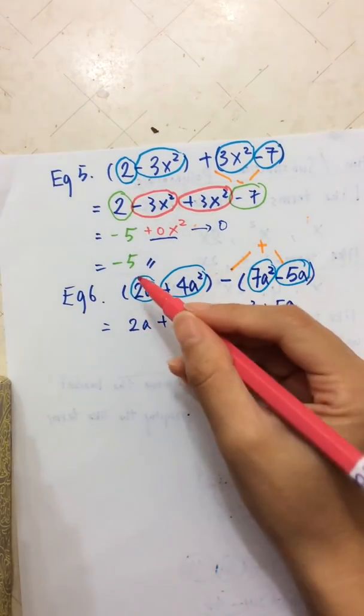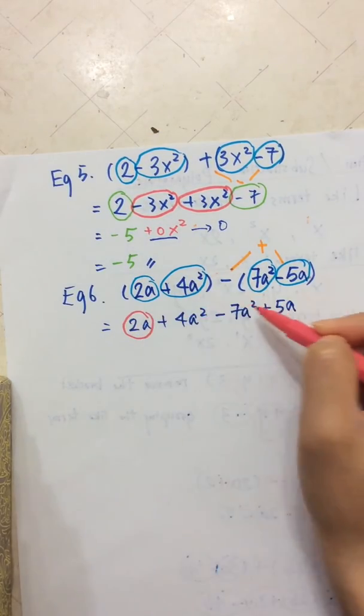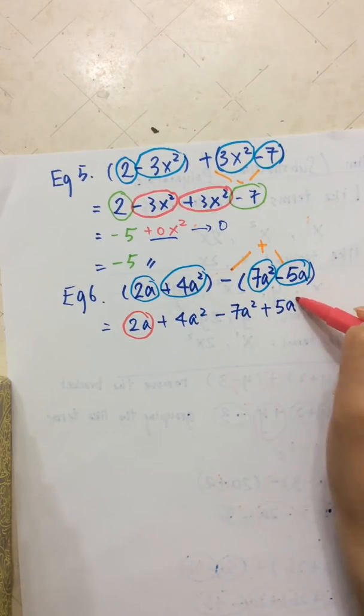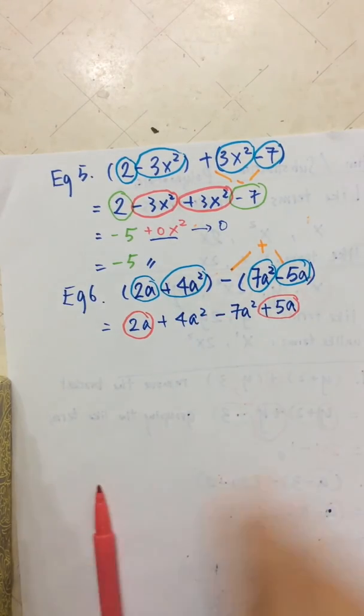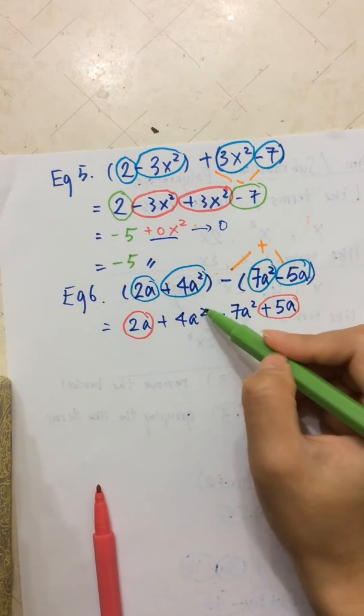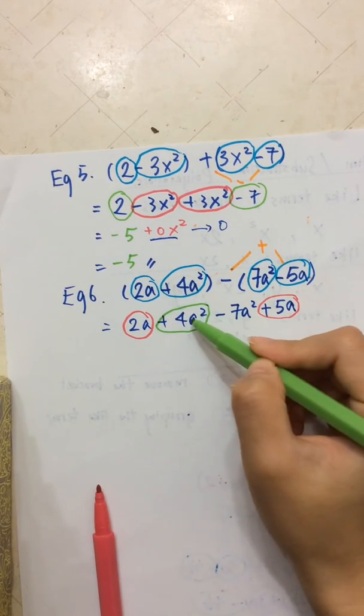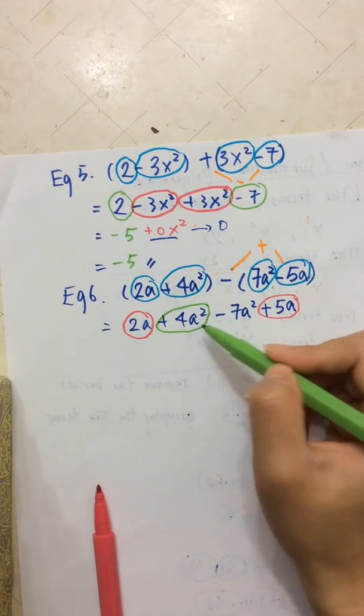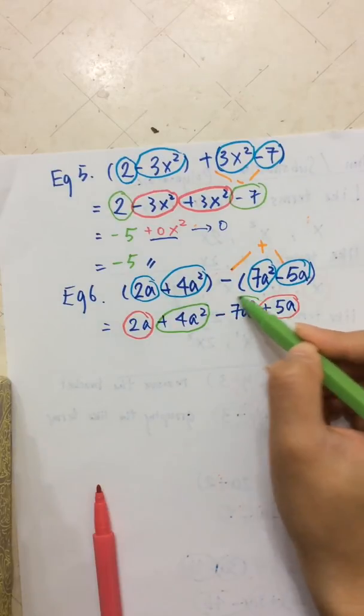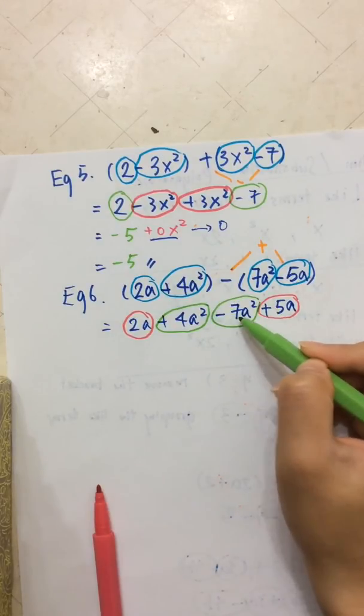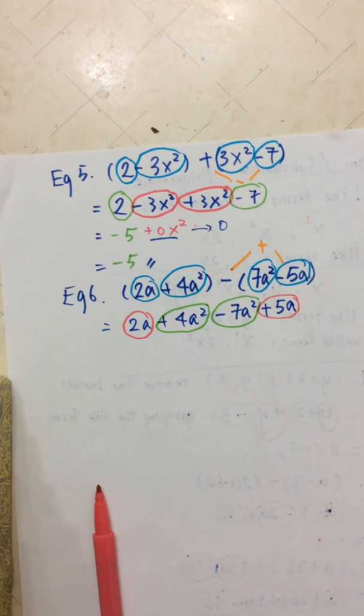So you circle 2a here, and the other one should be plus 5a. And then this one is positive 4a to the power 2, and this one should be negative 7a to the power 2.